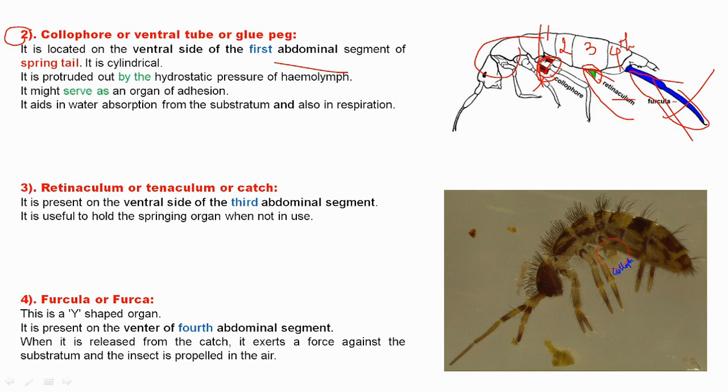But when it is released from the catch, it exerts a force against the substratum and helps in propelling the insect up, or jumping the insect up in the air. That's why we call it a springing organ or jumping organ or furcula.